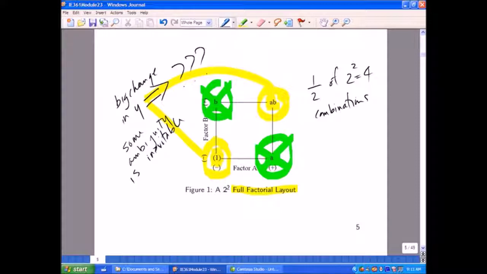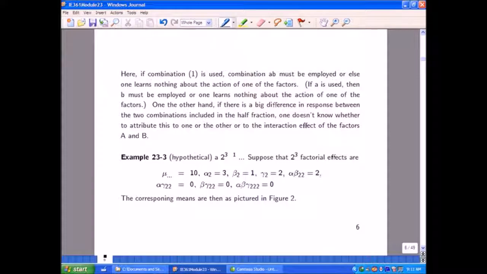And that's the nature of fractional factorial experimentation. So this paragraph just writes out carefully what I've just illustrated in that discussion.